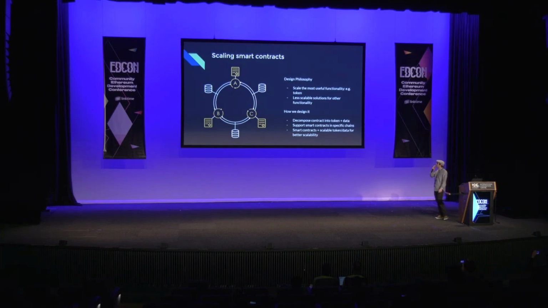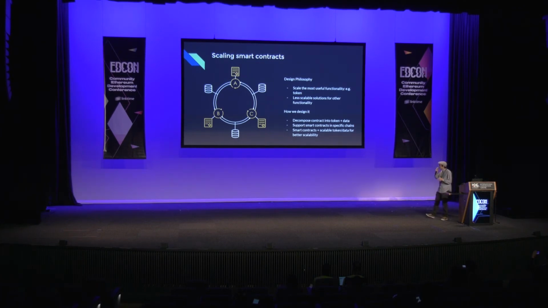So our design philosophy is to scale what we believe to be the most useful functionality, and to rely on less scalable solutions for the other functionality. When I say the most useful functionality, we have in mind tokens actually.